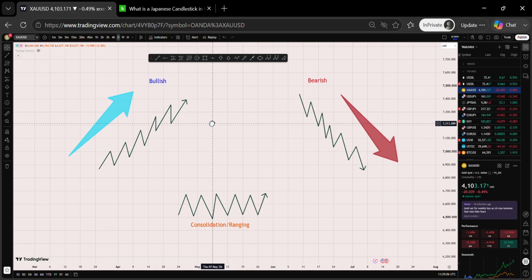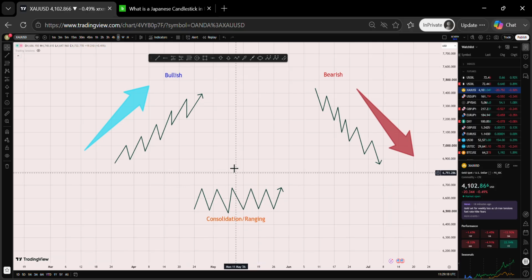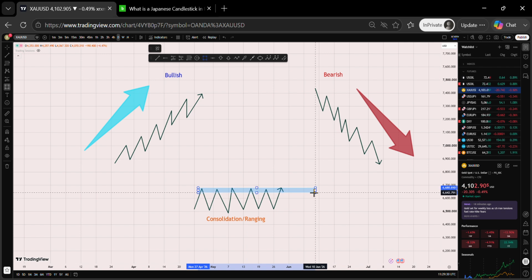Remember we said the market that is moving upwards is a bullish market, and the market that is moving downwards is a bearish market. And also there's a third market, a ranging market or a consolidating market. We say a market is consolidating when the market is not making any specific movement and is just bouncing within a certain range, hence the term ranging.